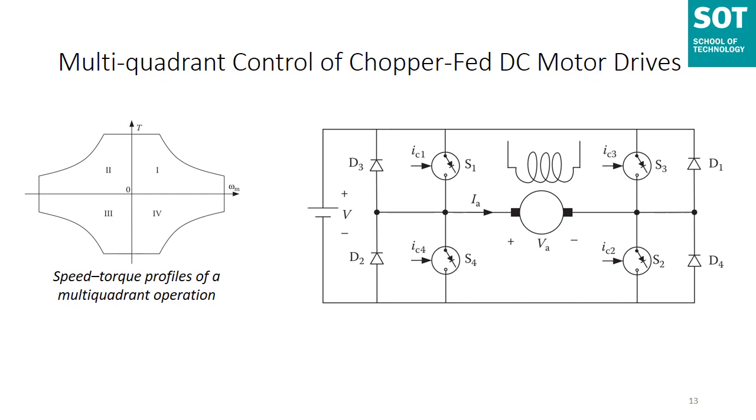So when S2 is kept closed continuously and S1 and S4 are controlled, a two quadrant chopper is obtained which provides positive terminal voltage, hence positive speed, and the armature current in either direction, which is positive torque and negative torque. So that means you are getting quadrant 1 and quadrant 4 because omega m speed remains positive.